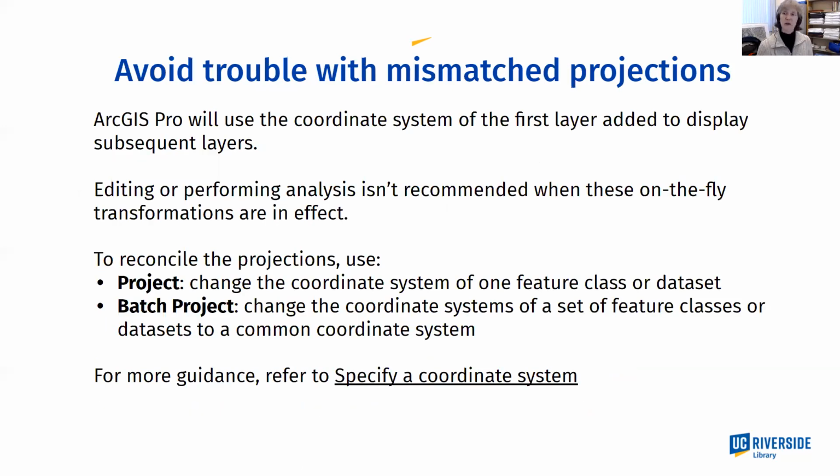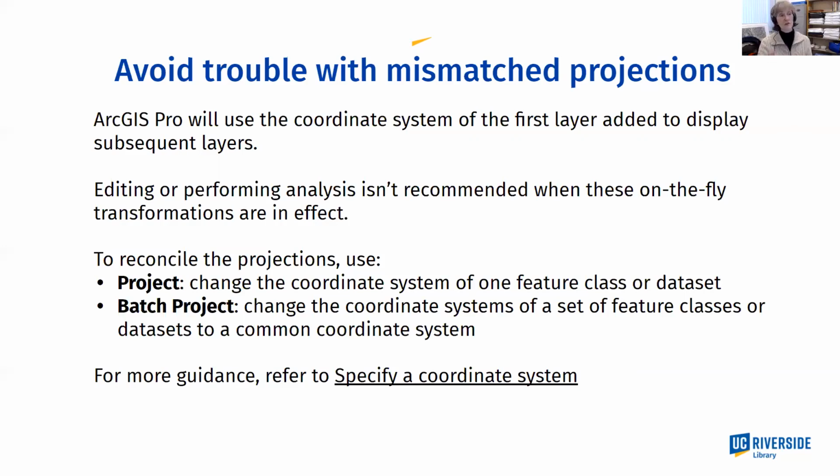So a quick mention about projections. This may be a factor when you do a spatial join, and I'll just go through the slide. ArcGIS Pro will use the coordinate system of the very first layer that you've added to your session, and then each layer that you bring in after that will be reprojected on the fly to match the projection of the first layer.